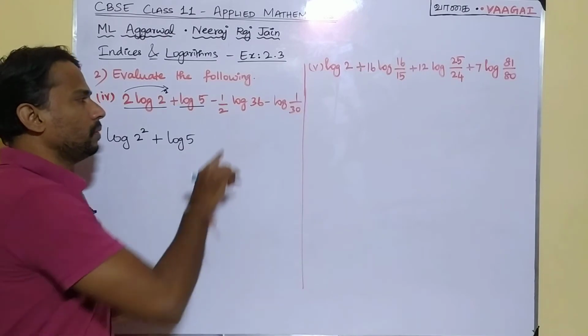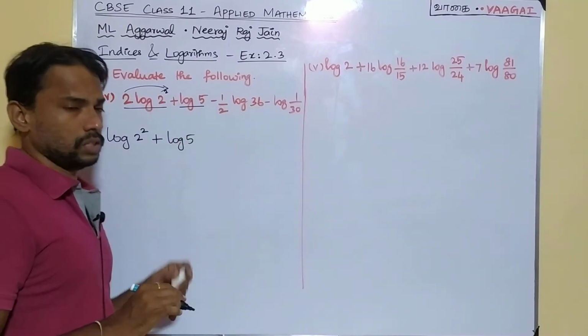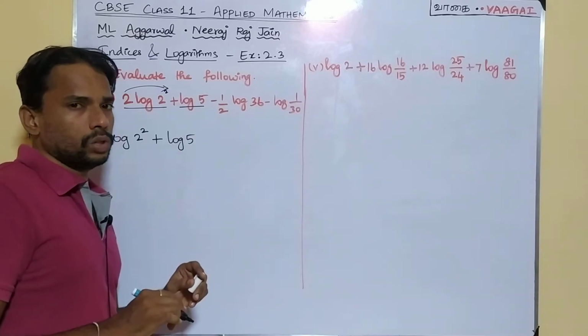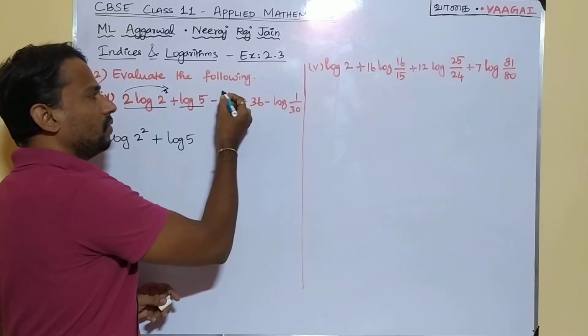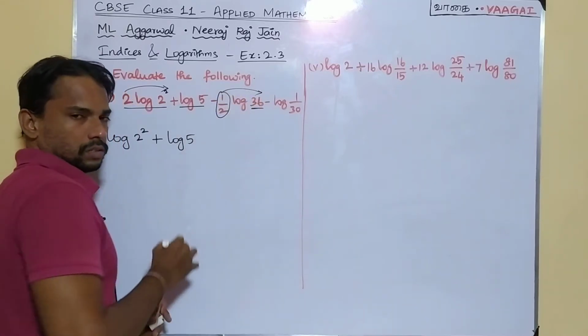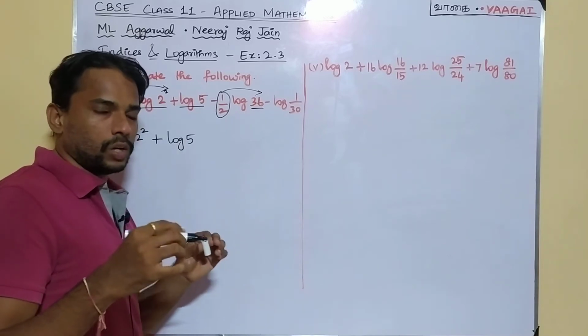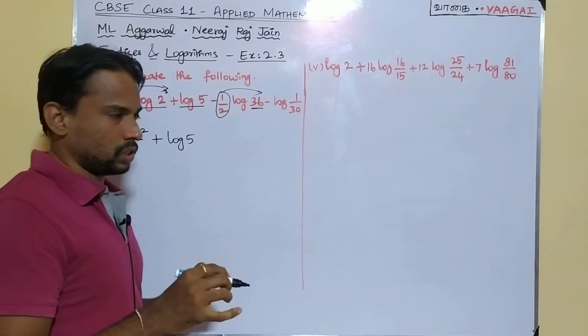Next coming here, minus 1 by 2 of log 36. Now I'm going to do the same thing. The value I have in the front, this 1 by 2, I'm going to take to the power of this 36. That's the reason I told you to follow the steps carefully.